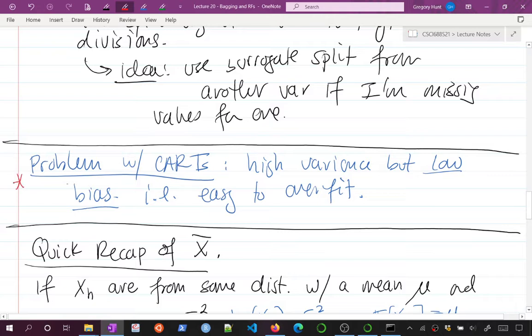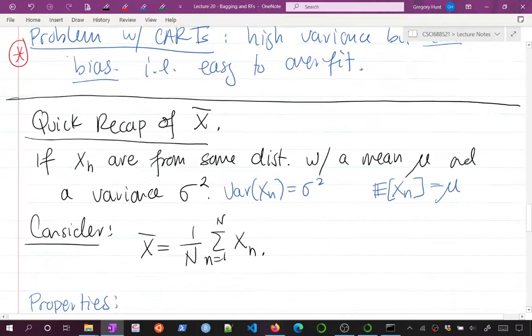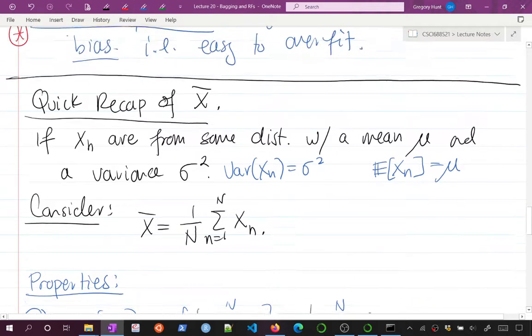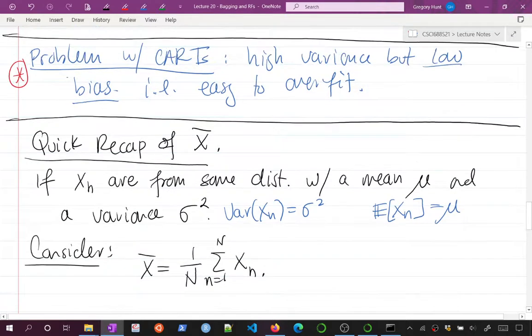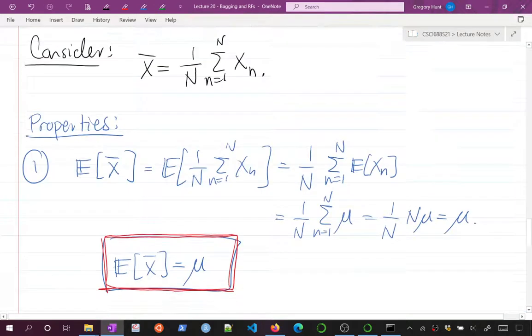So why are we talking about this? If we go back to our problem with carts, which is that they have a high variance, but a low bias, we might be able to fix this. Instead of averaging together numbers, we might be able to average together methods. So this is basically called an ensemble learning method.